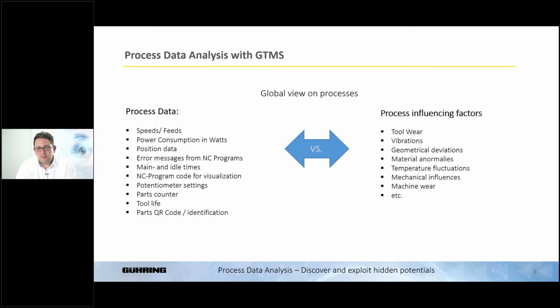From this point of view, we see that there is a lot of data coming out of the machine, influencing a lot of details on the part. So this together gives you the full view on the process. This is what we want to show you with the next practical examples.